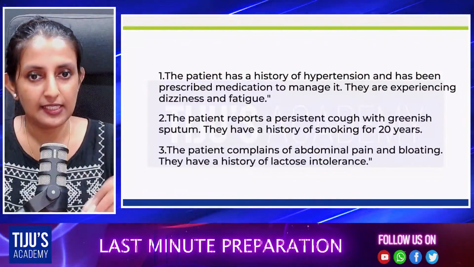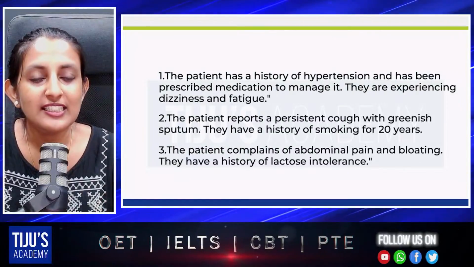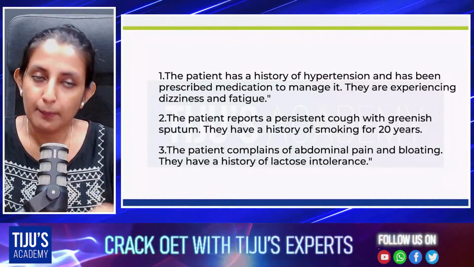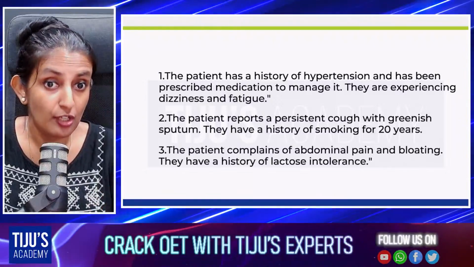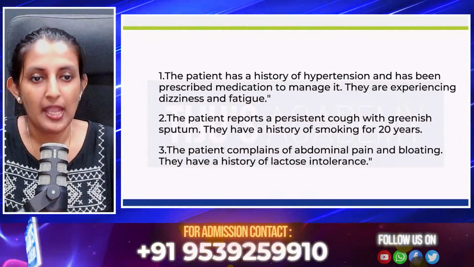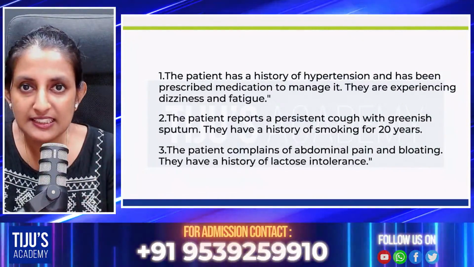And as the next point in the case note, they mention that they are experiencing dizziness and fatigue. So the patient has a history of hypertension, which means in the long run they are having hypertension, and the patient is taking medicine also, and currently the patient is having dizziness and fatigue.